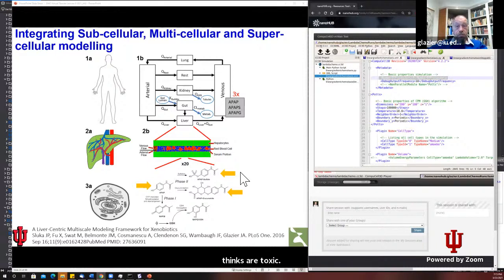In particular, some of these cytochromes do what's called glutathione conjugation, and you probably need to be a better biochemist than I am to go through all the different transformations that cytochromes do.